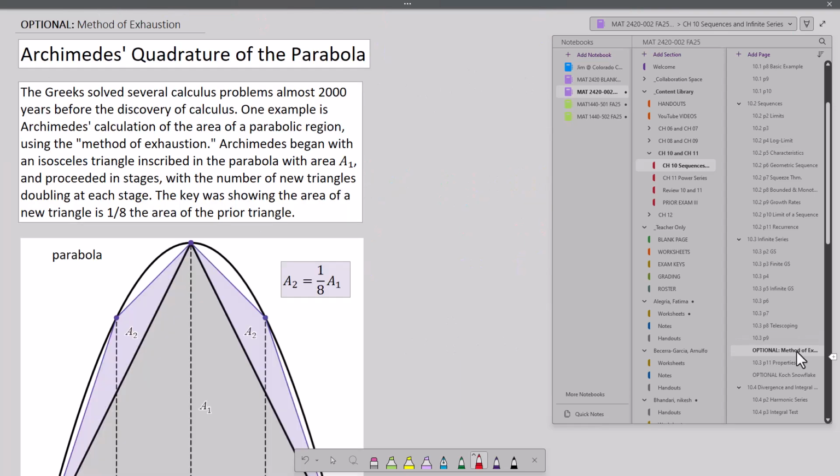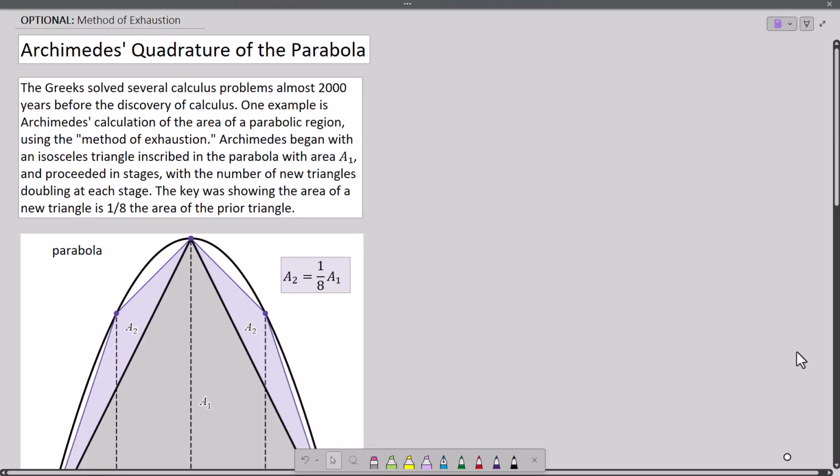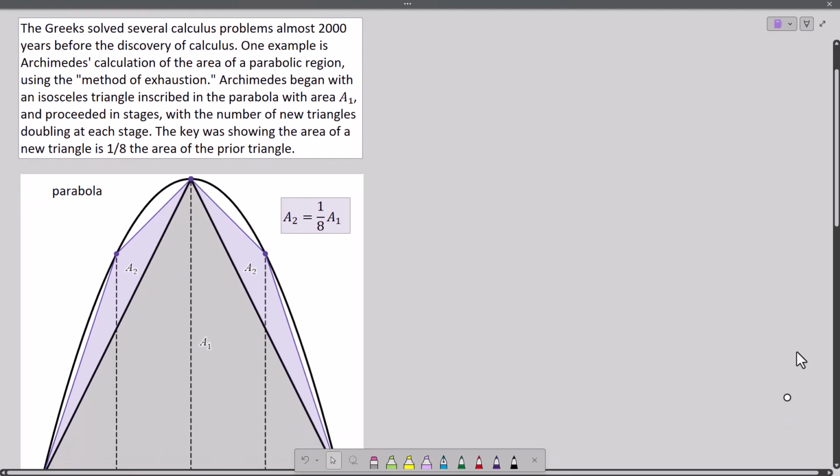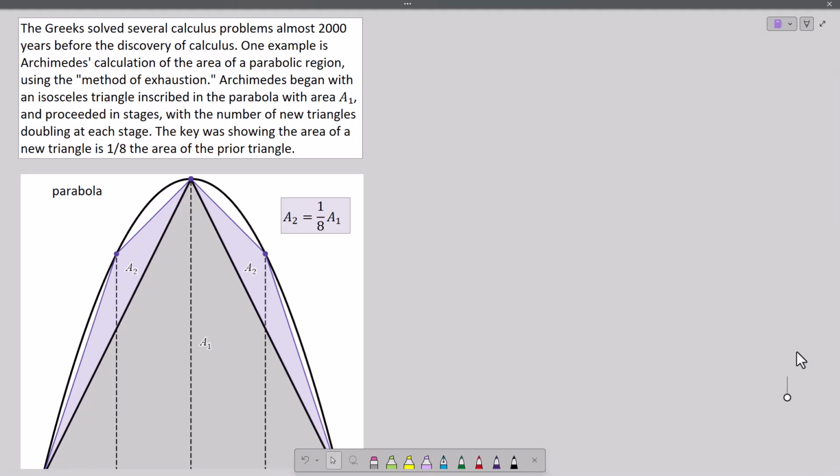So let's just talk about this for a moment. This is an interesting idea. You all know from Calc 1 that one of the greatest strengths of Calc 1, one of the applications that you see widespread everywhere, is that you can now find the area under a curve.